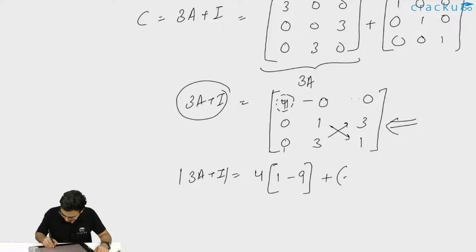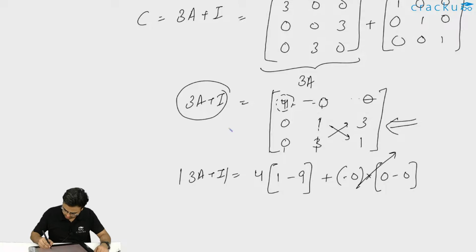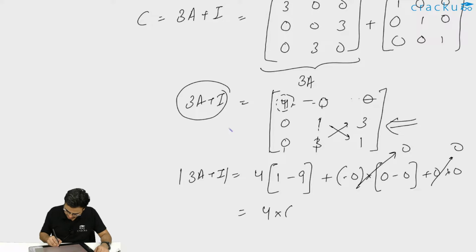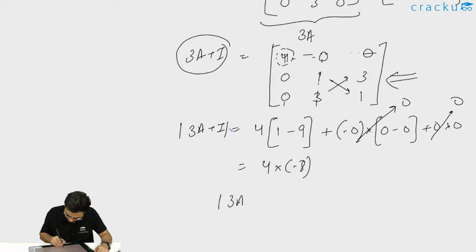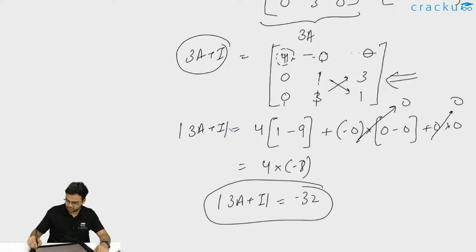This is minus 0 into the minor after removing the first row and second column, which is 0. Plus again this is 0. So this will be 4 into minus 8. So the determinant of 3A plus I is equal to minus 32.